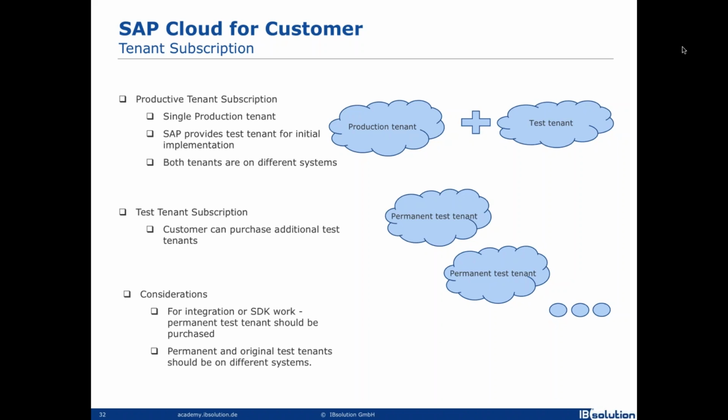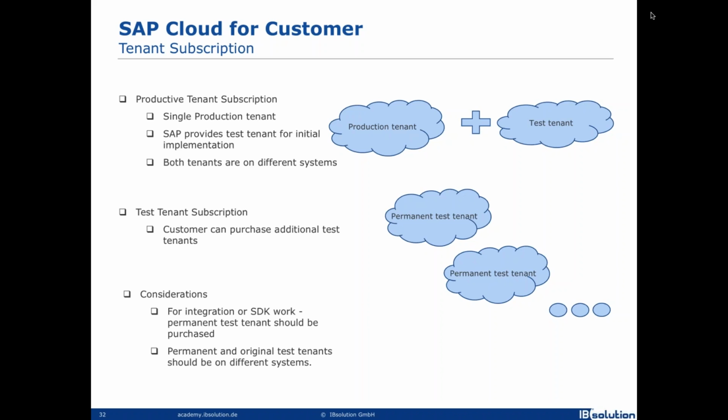There is one more thing that I want to mention here. It is related to the upgrade process. I have mentioned several times that SAP releases a new version of Cloud for Customer every quarter, which makes for a total of 4 releases per year. Normally, the test tenant is upgraded first, and you're informed about 6 weeks in advance, before the production tenant is upgraded, that there will be a new release.